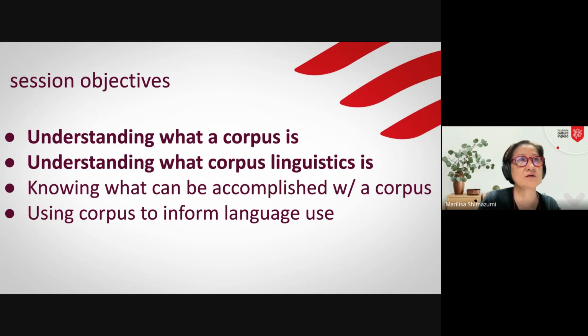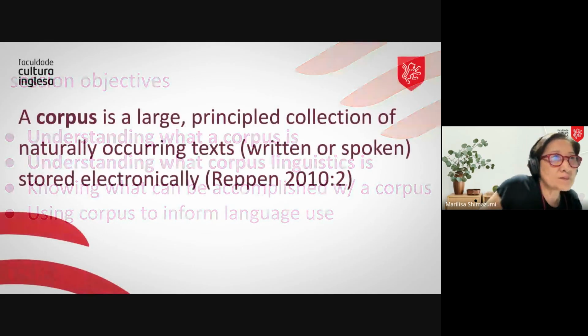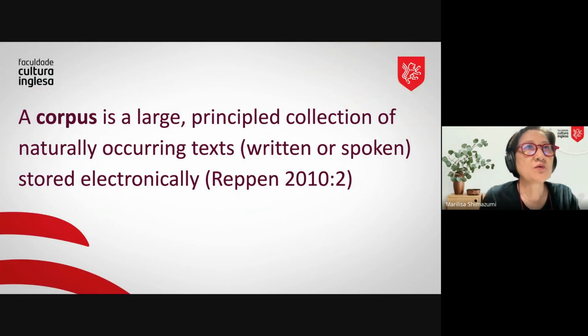So to start, here, by corpus, I am going to quote Randy Rapin. According to Randy, corpus is a large, principled collection of naturally occurring texts.